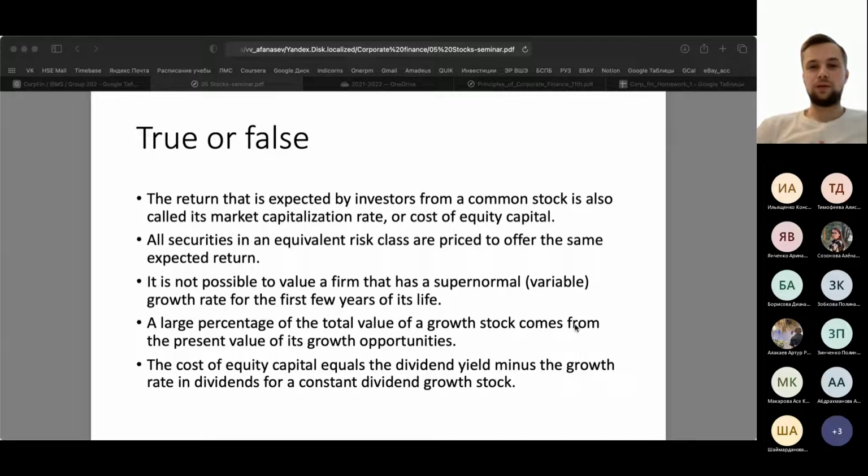Okay, Tatiana, why do you think that the first is true? Actually, because in the lecture it was said that the rate of return is also called the market capitalization rate for common stock. Yeah, actually, it's true by definition. It's just the definition of market capitalization rate, or cost of equity capital. And how can we call the cost of equity capital another way?